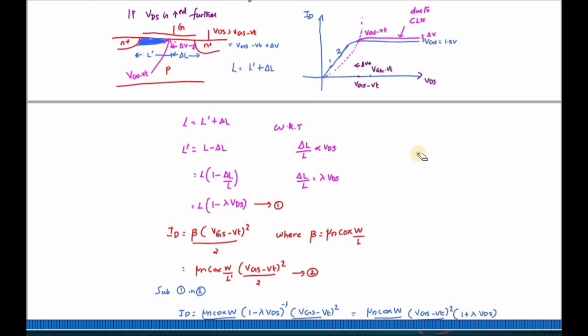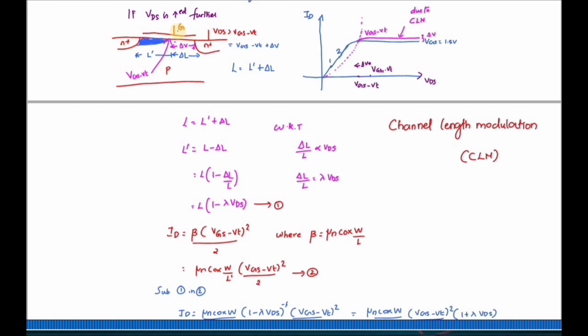So let us discuss another non-ideal effect of MOSFET, that is channel length modulation, CLM. Here, this is my gate, source and drain.